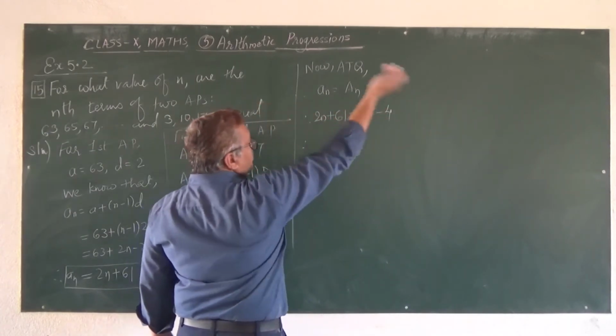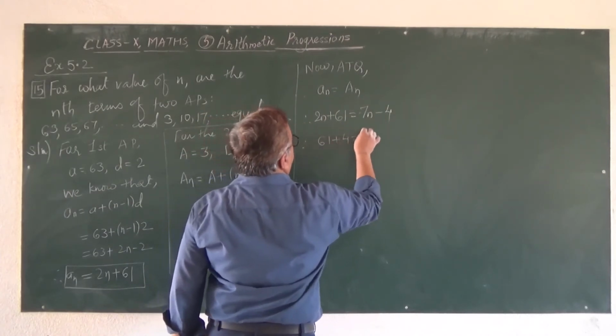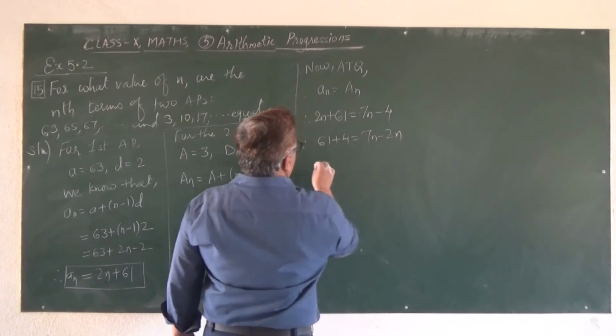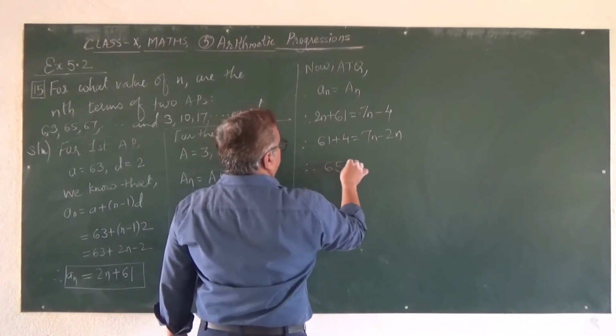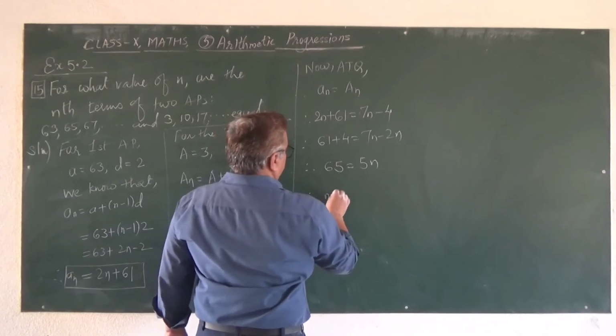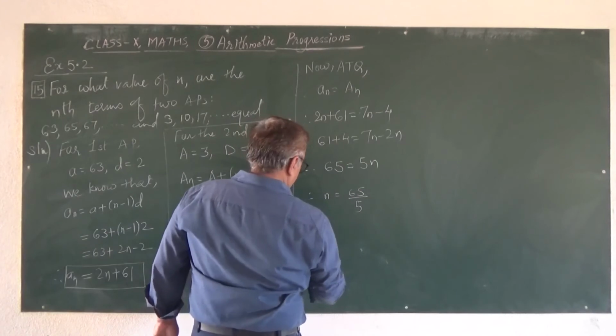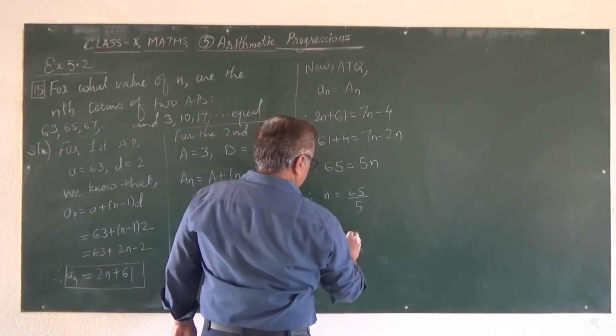I will transpose 2n to this side, and minus 4 to this side. So 65 is equal to 5n, so n is 65 by 5. n is 13.